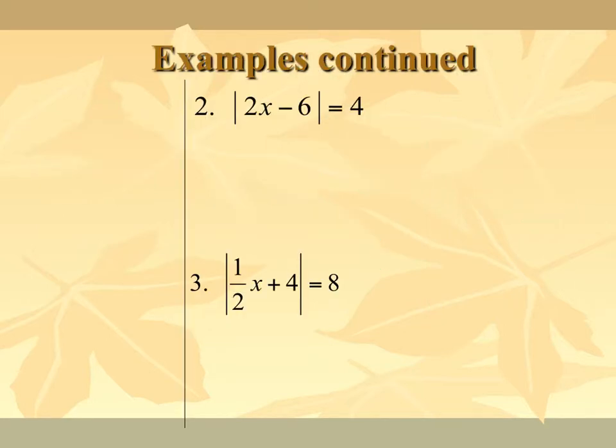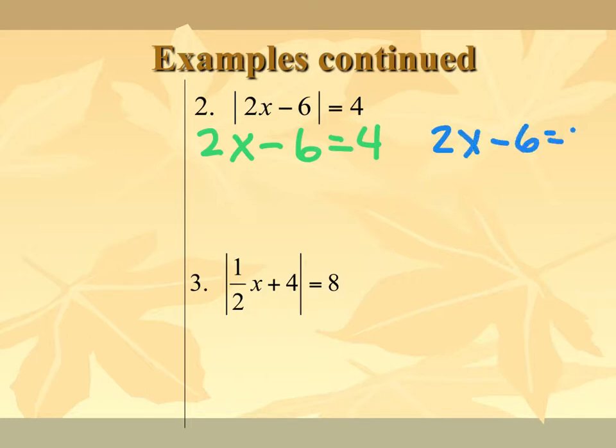Here's the next one. So once again, you need to write it as two different scenarios. So it can either equal a positive 4 or it can equal a negative 4. We will solve them each separately.